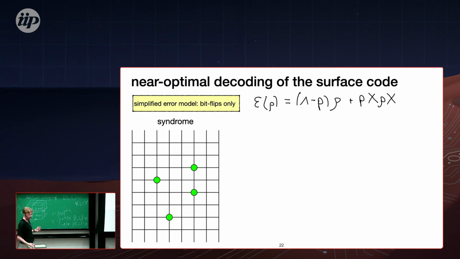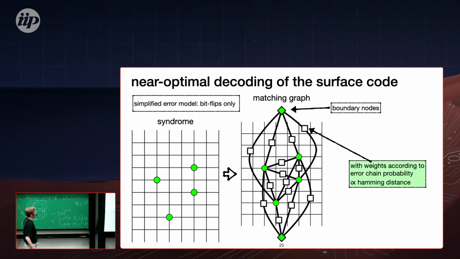We can find this lowest weight error with a strategy that's called minimum weight perfect matching, and I will now introduce this strategy. And for that, we take the syndrome graph, and we will build a matching graph from that. A matching graph does what I did before by hand.